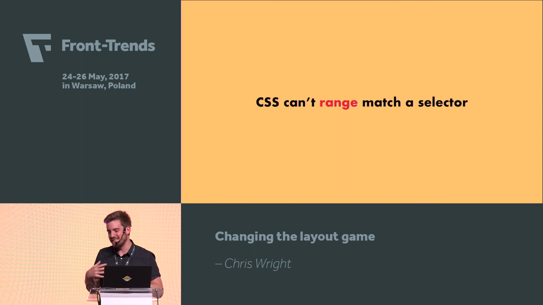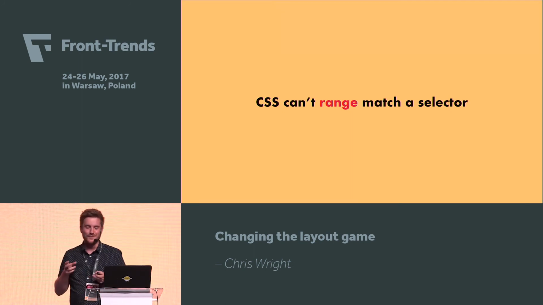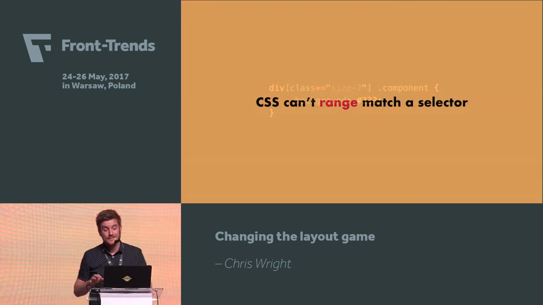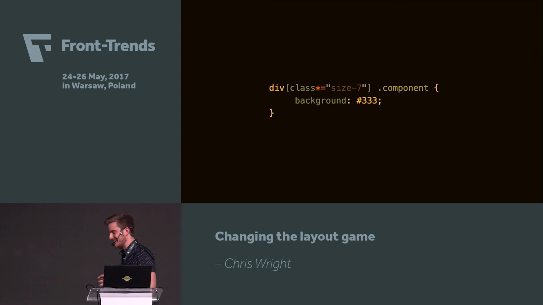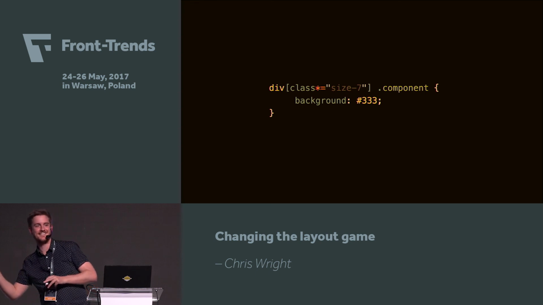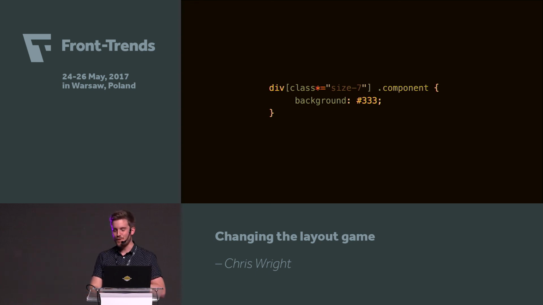The problem is that CSS can't match a range of numbers as a selector. And the closest thing that we can get is using the attributes wildcard selector. And there is a problem with doing it this way. Because what if I had 7,000 or my match was 1 and then it had 1,000 something?